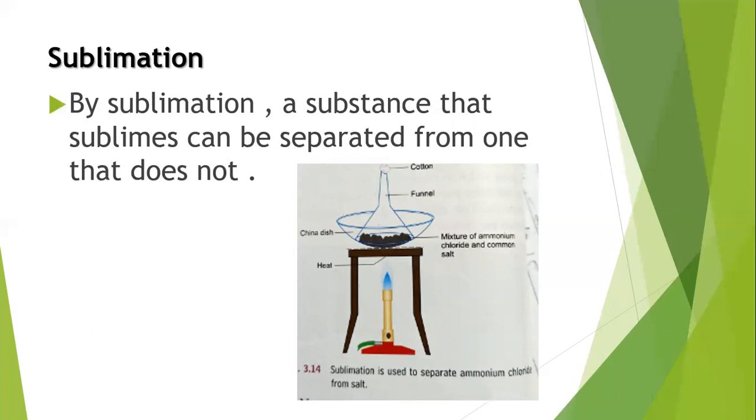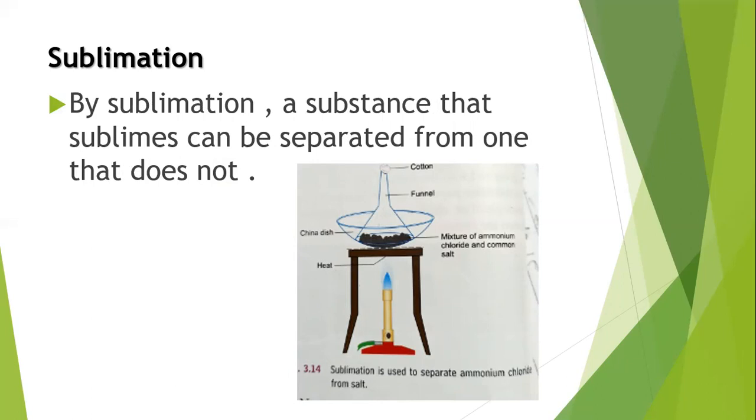The vapors of such a substance, on being cooled, directly form the solid. Thus, by sublimation, a substance that sublimes can be separated from one that does not. For example, ammonium chloride can be separated from sand or salt by this method.